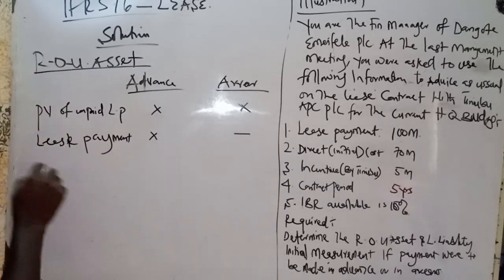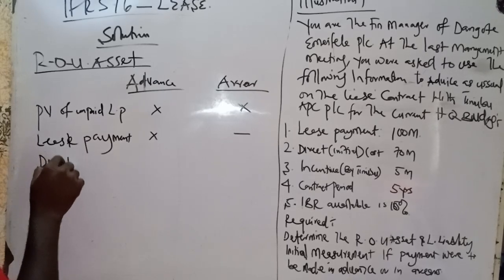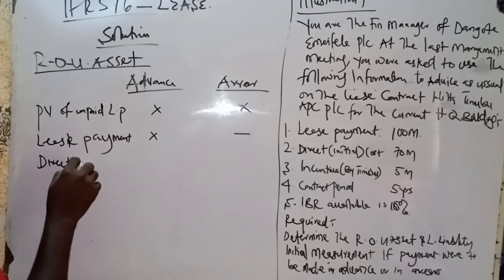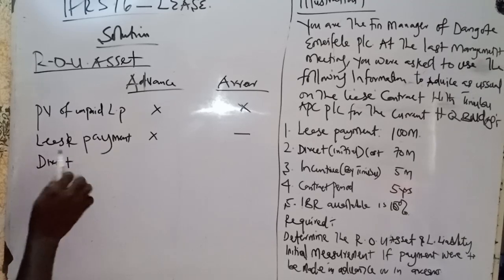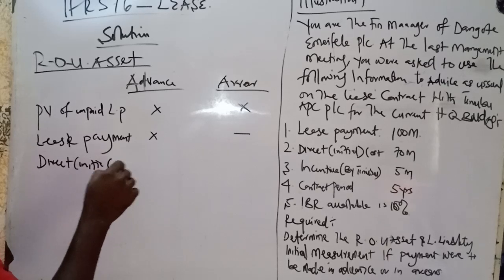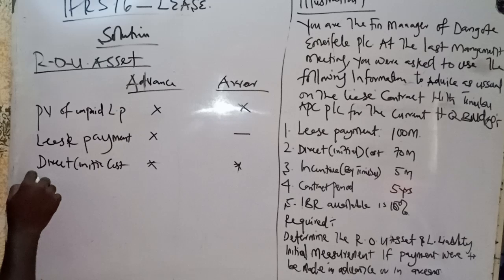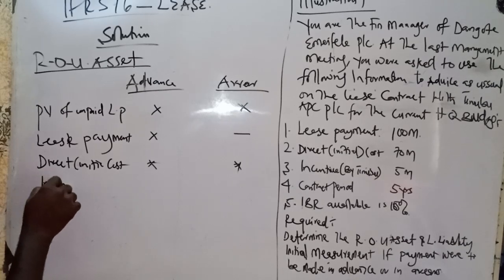Number three, you have direct cost, which is also known as direct initial cost. This will come here. Then if you have incentives, you less it from here.